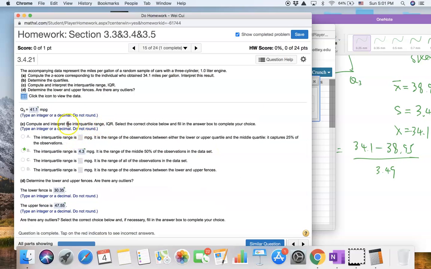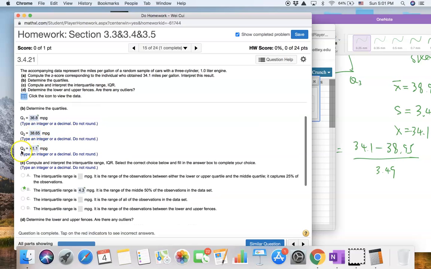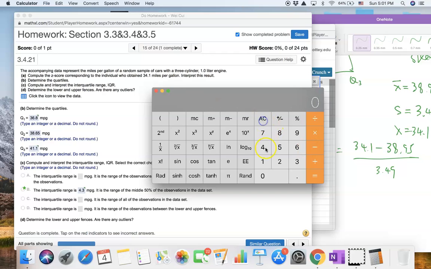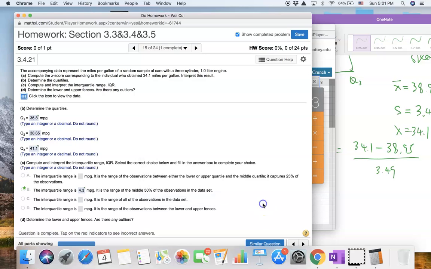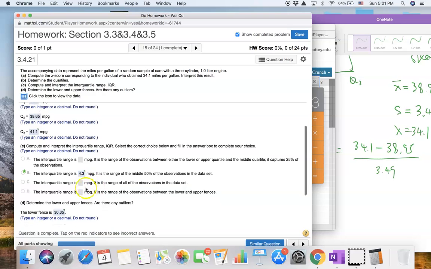And the interquartile range. So we find the difference between the third quartile and the first quartile, 41.1 minus 36.8. Okay, so 4.3. And how to interpret this result? So the range of the middle 50% of the observations is this.